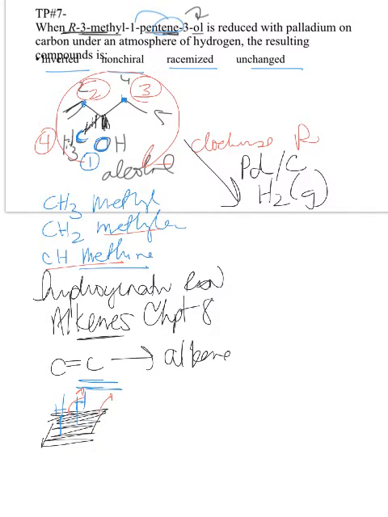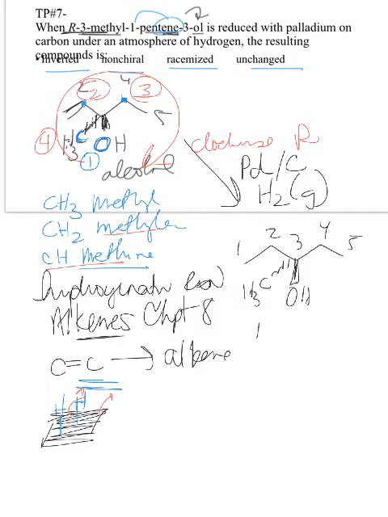So when you draw the structure, you just draw the alkane. And what I like to do too is name them when I get done. So 1, 2, 3, 4, 5. This adds another level of detail so we know that we are doing the right reaction.